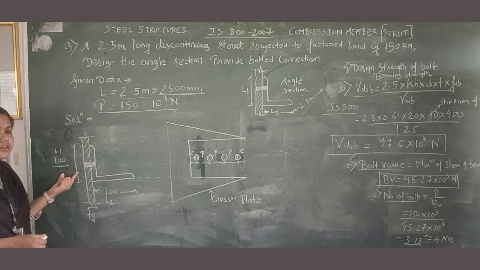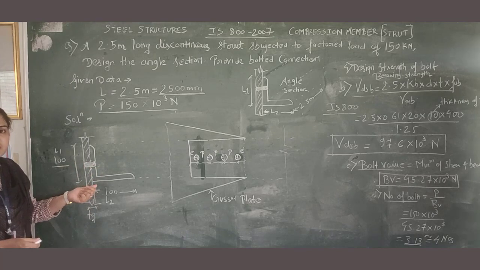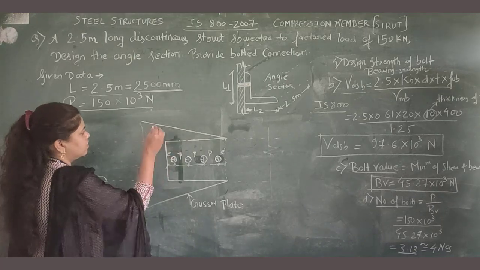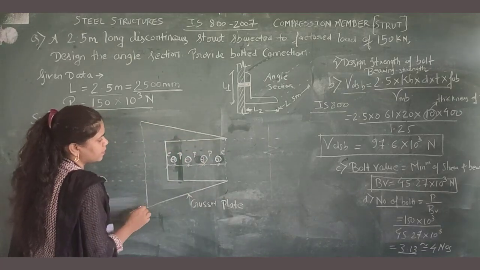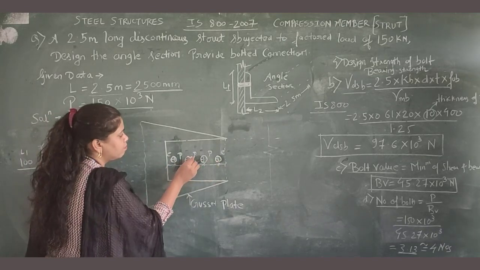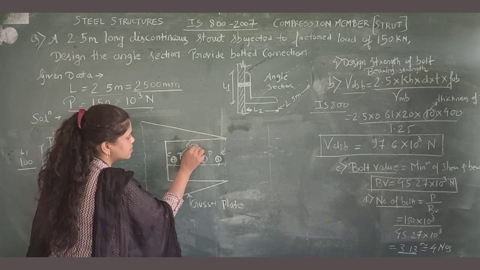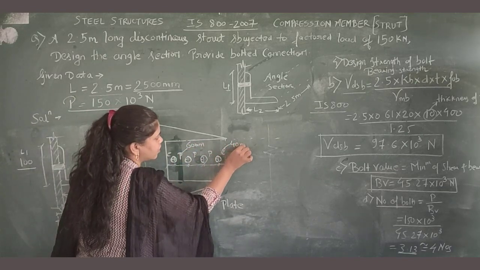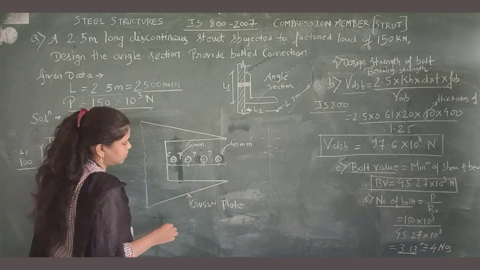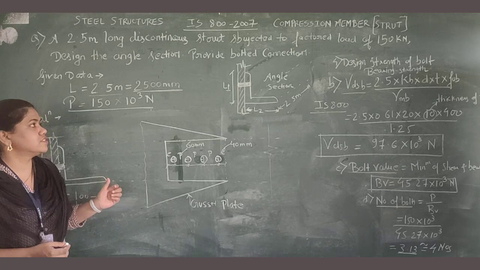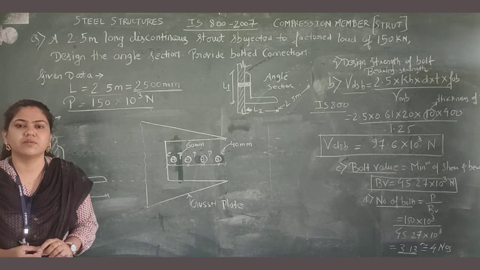The angle section is connected with the gusset plate with the help of a bolted connection. Four bolts are there, having the pitch distance 60 mm and the edge distance 40 mm. So in this way, you have to represent the single angle section in this diagrammatic form.